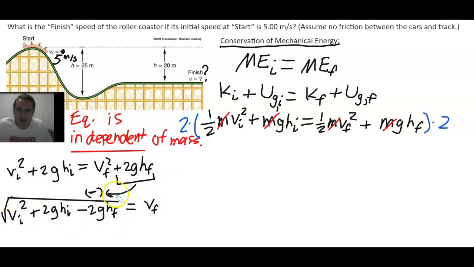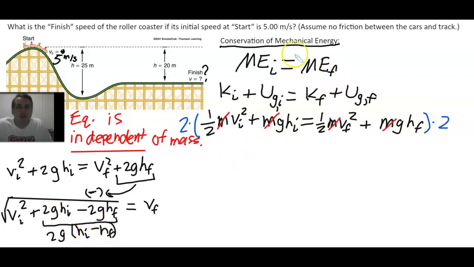If you want to, you could also write this term as 2g times h initial minus h final. Because think about this: the final velocity depends upon the initial velocity, but it also depends upon what the height change is. That's h initial minus h final.